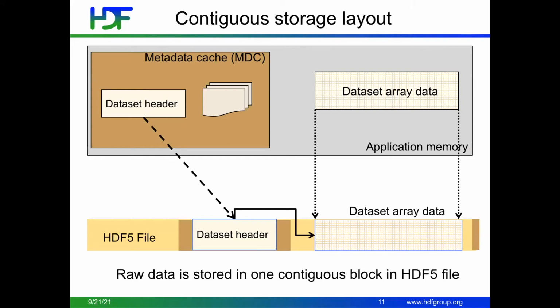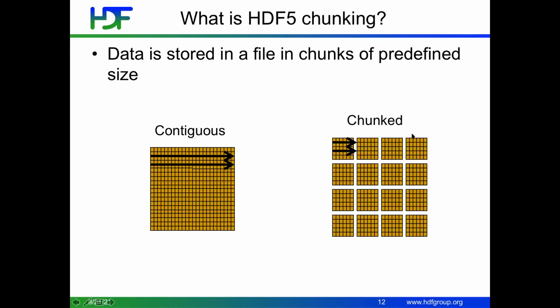The data array is written to the file, then the dataset header is evicted from the metadata cache, and the dataset header has a pointer to where the data is located. So it is very simple, not much overhead in terms of special metadata that has to be stored along with the data array.